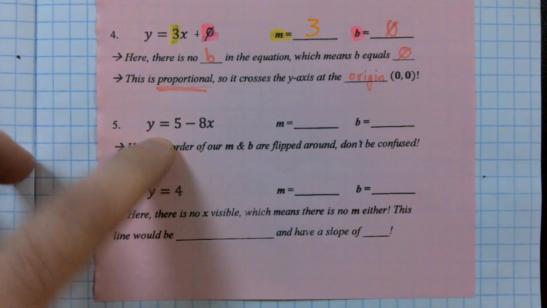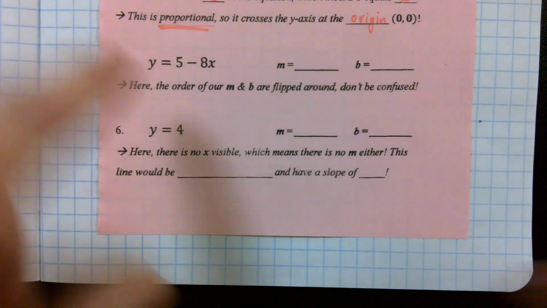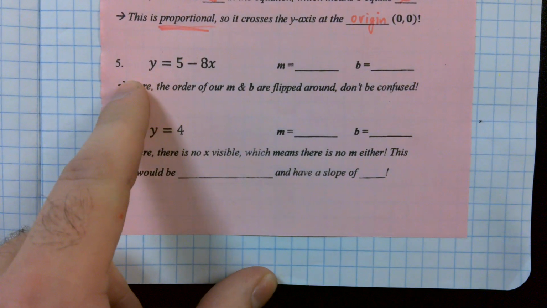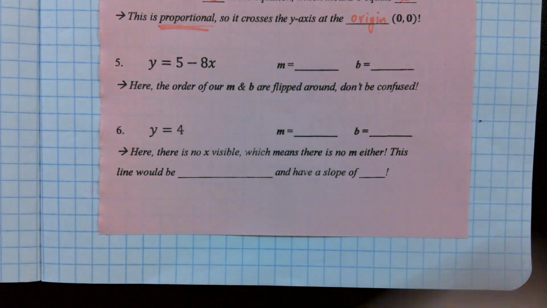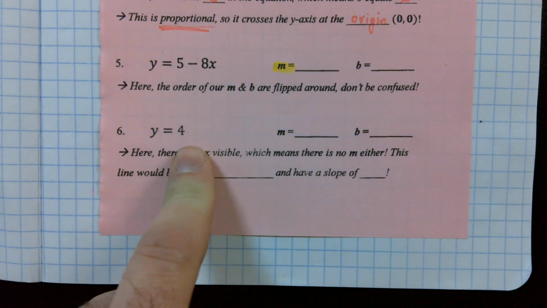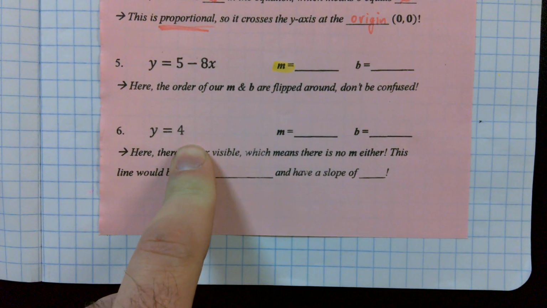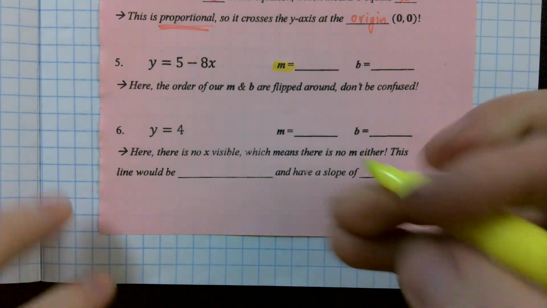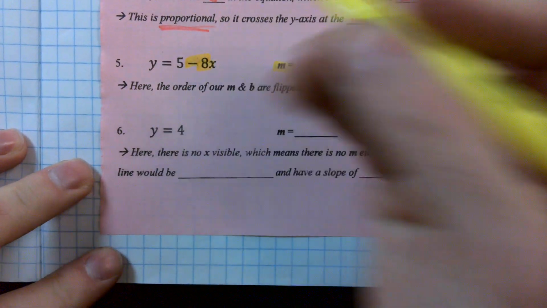Now, number 5 is a little bit different because it's all flipped around. It's a little bit weird, but it's fun, okay? If we're looking for m, that's my number in front of x. What number do you see in front of x? 8. Just an 8? A negative 8, my bad. A negative 8, right?